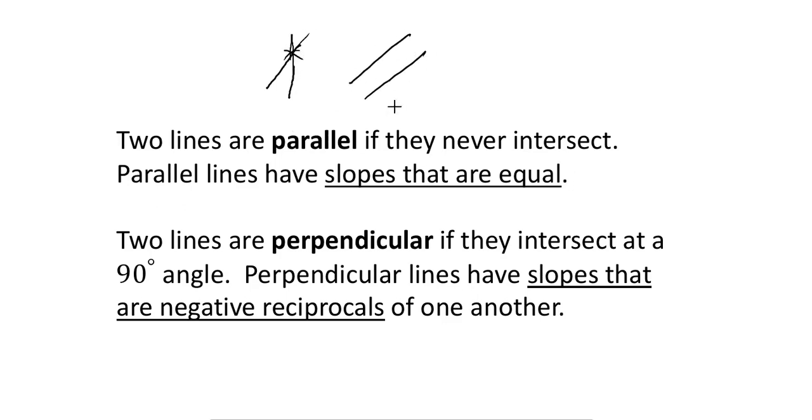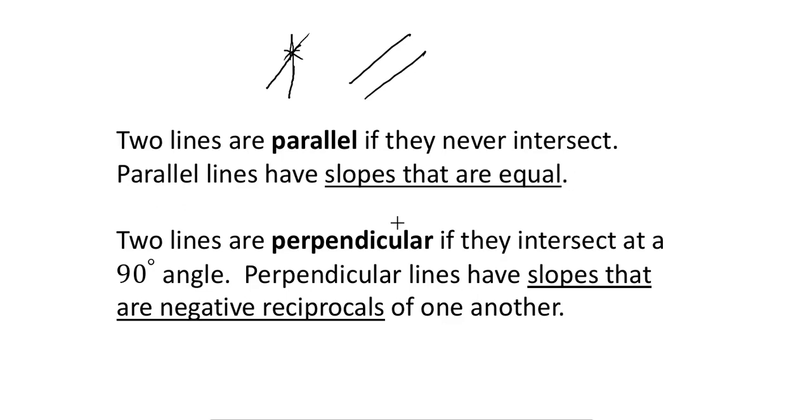For them to be parallel, the lines have to be slanted exactly at the same angle, and since the slope is measuring how slanted they are, the steepness of the line, for lines to be slanted the same, the slopes would have to be equal to each other. So parallel lines have slopes that are equal. That's how you know they're parallel. So it works both directions. If the lines are parallel, the slopes will be equal, and if the slopes of 2 lines are equal, they will be parallel.